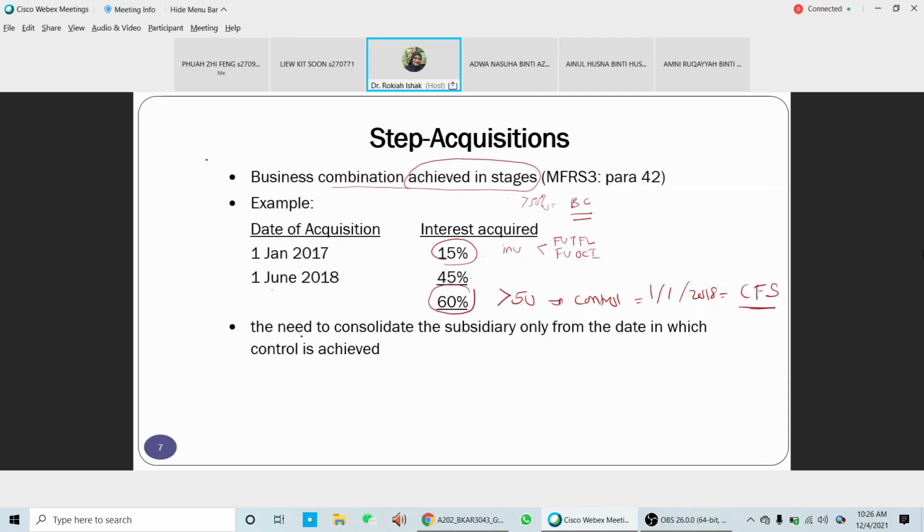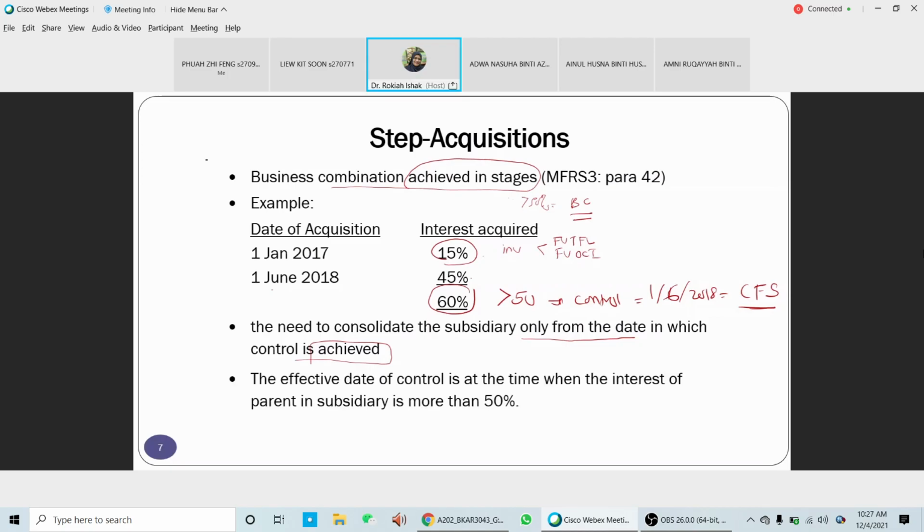You need to consolidate the subsidiary only from the date on which control is achieved.